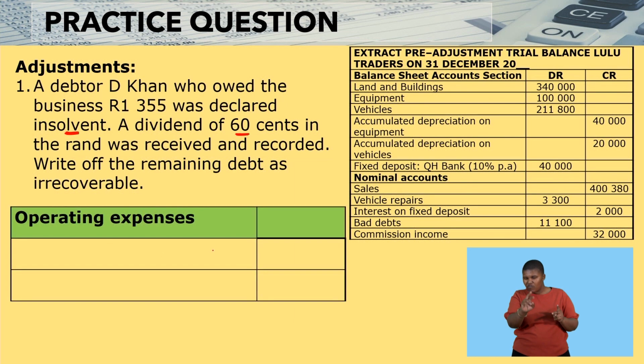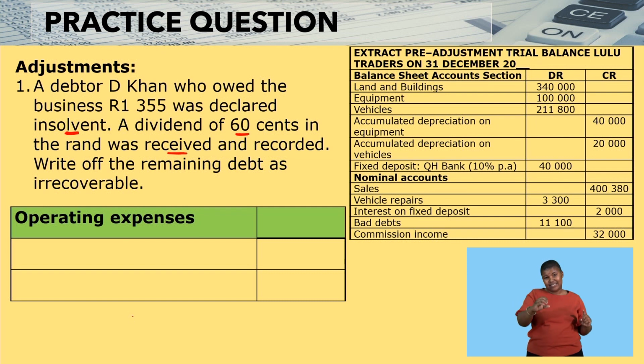Now, we are to prepare a statement of comprehensive income, and we must record an amount under our operating expenses. They have given us 60 cents in the rand. Therefore, the amount that we are not able to receive from them is the 40 cents in the rand.